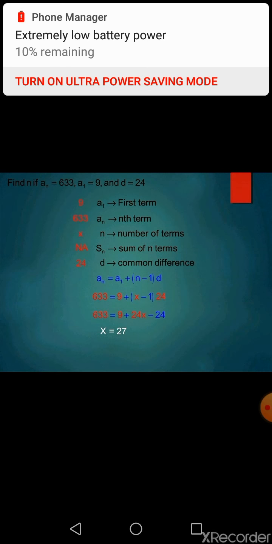Here, find n if a_n equals 633, a1 equals 9, and d equals 24. Again, we write the givens, then write the formula. a_n equals a1 plus n minus 1 times d. 633 equals a1, the first term here is 9, plus n minus 1, that's what I want, I don't know the number of terms, multiplied by 24.